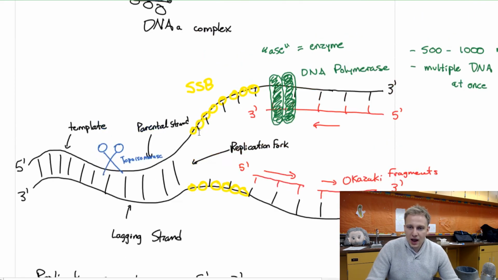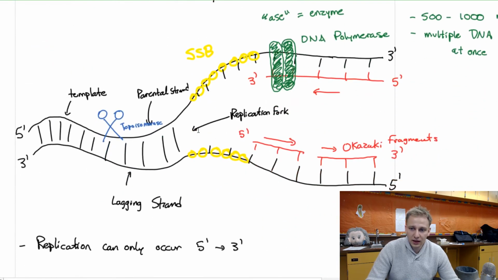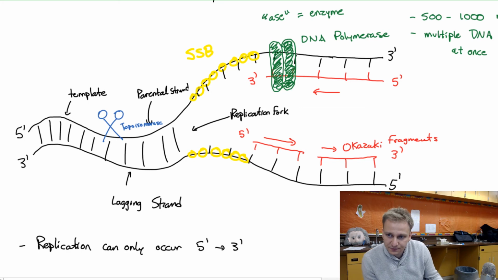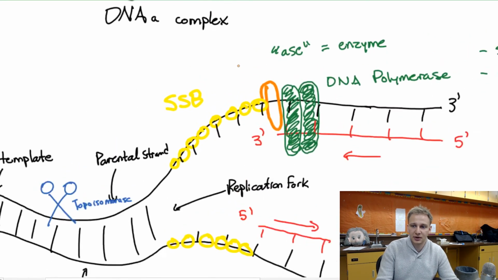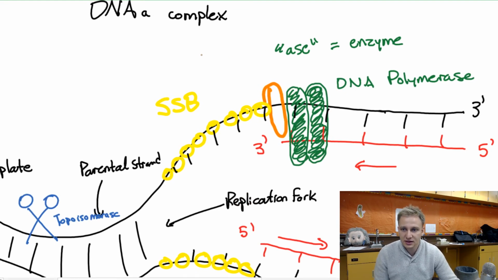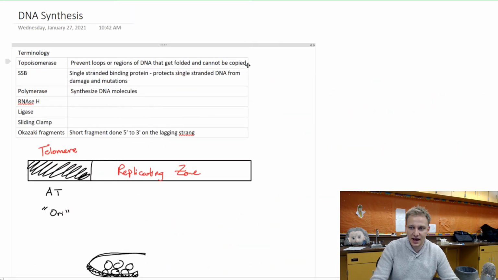That's the purpose of SSB. Now, there's a couple other terms that we need to talk about here as well. At this replication fork, we will have something called a helicase. This helicase will be sitting right up front here on our DNA polymerase, and it will be helping us to separate those strands of DNA from each other.